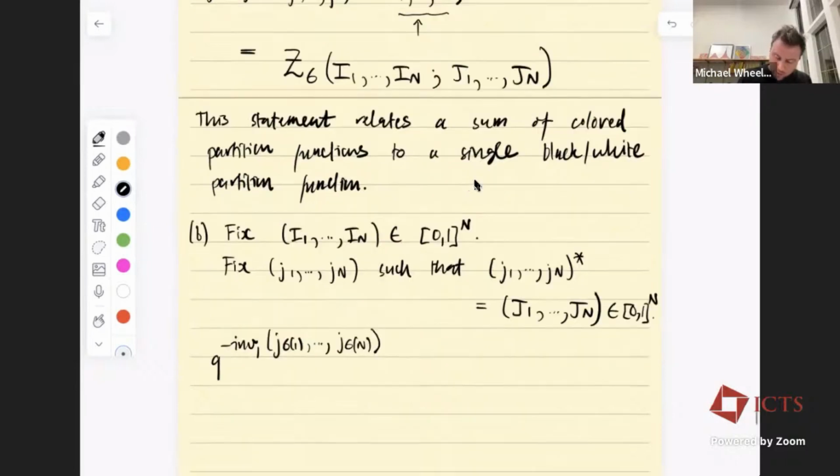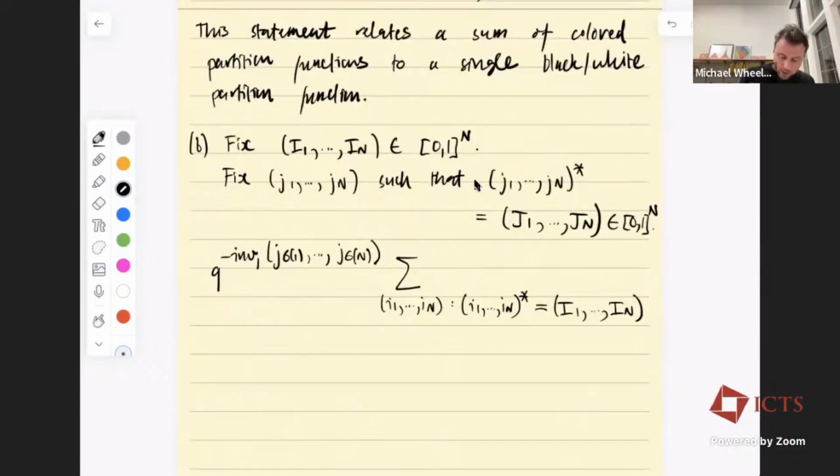And then I have a sum over i's, I1 up to in, such that the projection is equal to this vector of i's here. And inside of the sum, I have q to the inv_1 of (I1 up to in). And then just Z sigma.